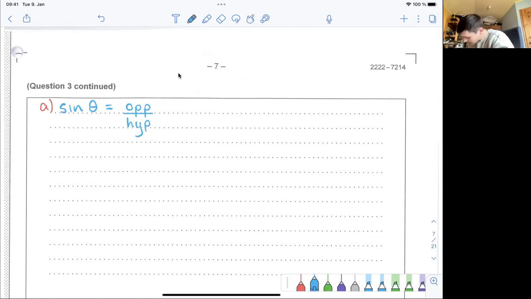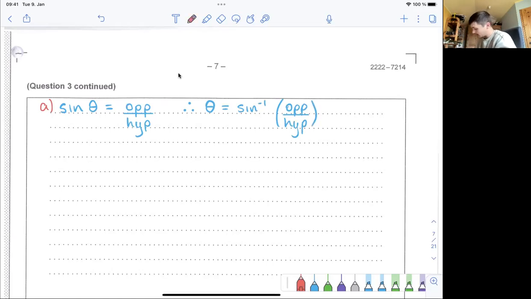And therefore, that's what these three dots mean. They mean therefore. Theta will equal inverse sine of the opposite side divided by the hypotenuse.